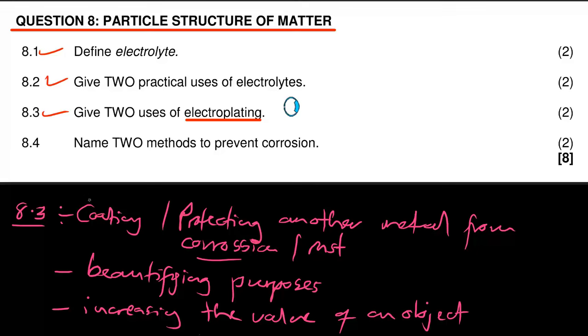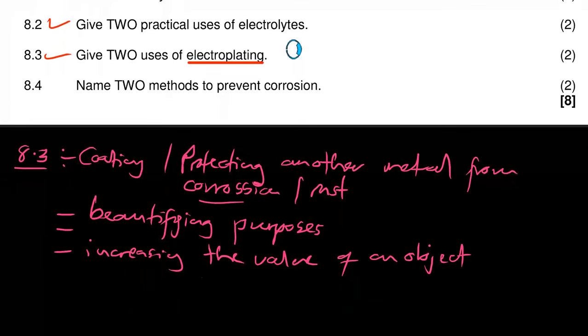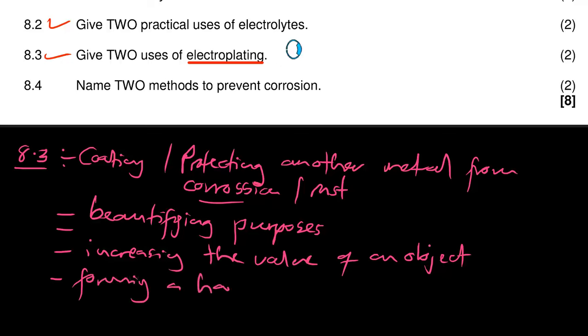Another use of electroplating is forming a hard outer layer on an object.